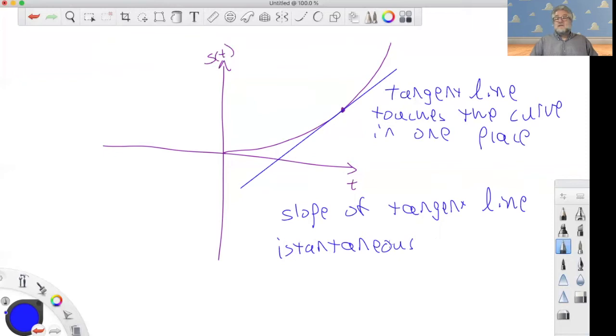Oh, and I did it wrong, didn't I? I missed an N. There we go. Instantaneous slope. So the slope of the tangent line is the same as the instantaneous slope of the curve.